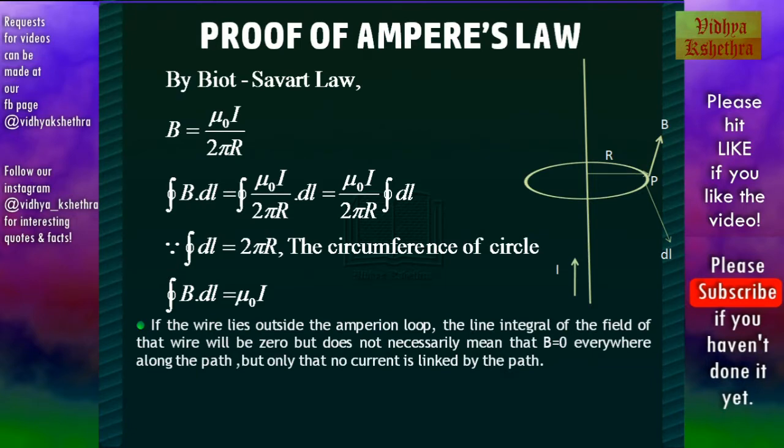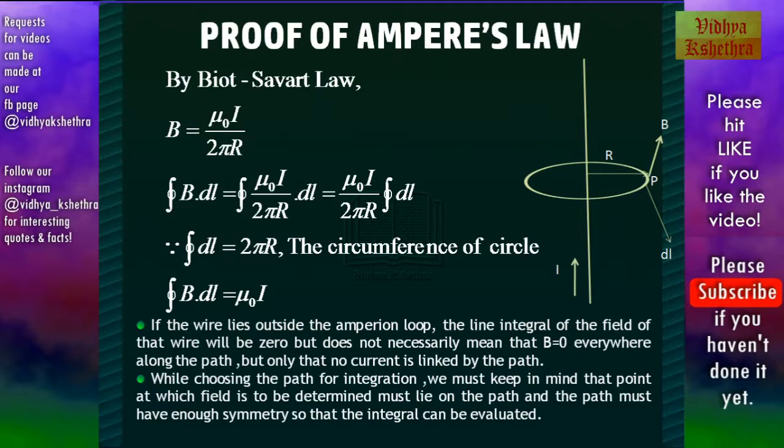If the wire lies outside the Amperian loop, the line integral of the field of that wire will be 0. But this does not necessarily mean that the magnetic field is 0 everywhere along the path, but only that no current is linked by the path.